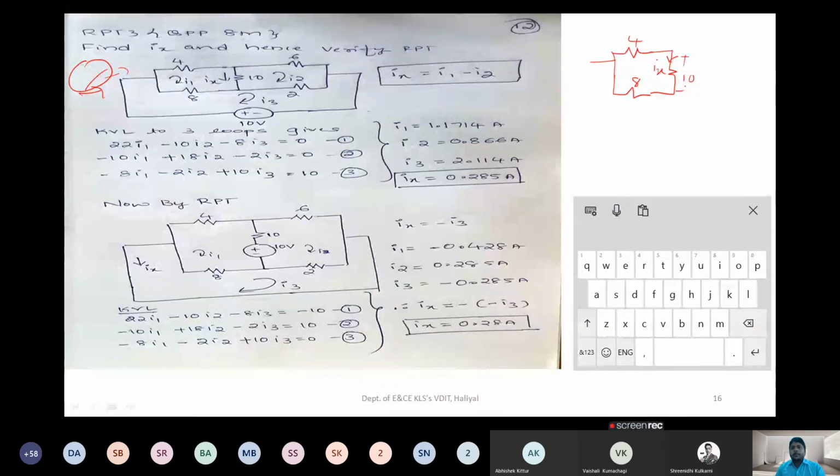That means plus and minus we can say. 6 ohm resistor is there and 2 ohm is there. And what we have is this voltage source is given somewhere here. So you can take it to the left side or right side, anywhere. So if I take it to the left side, so can I write like this?